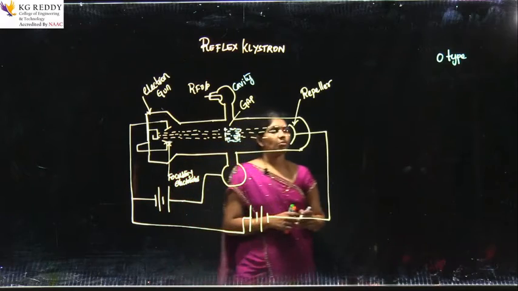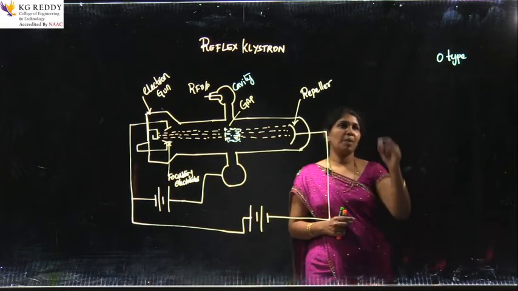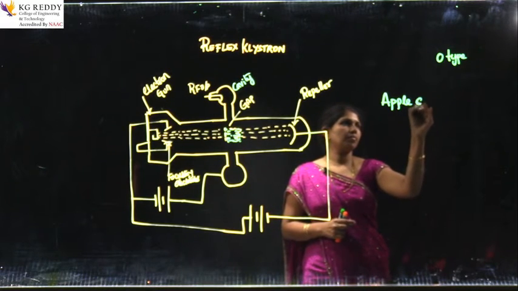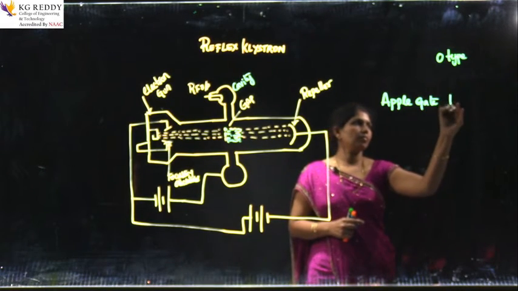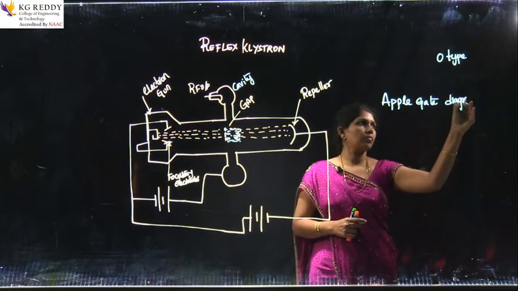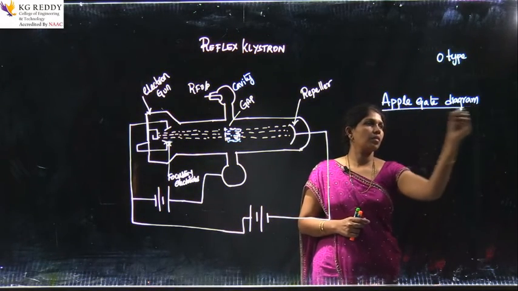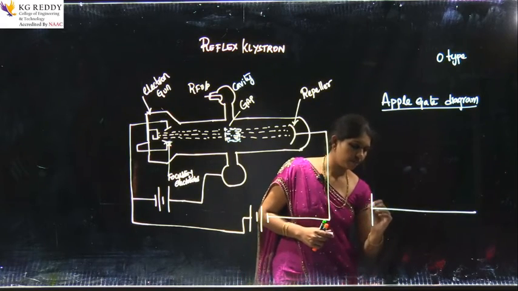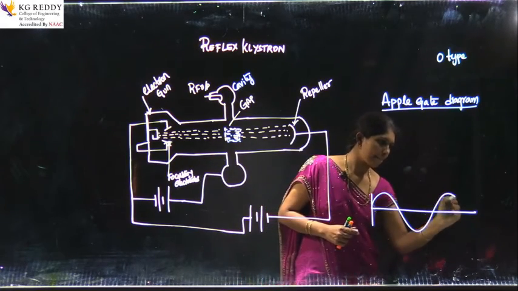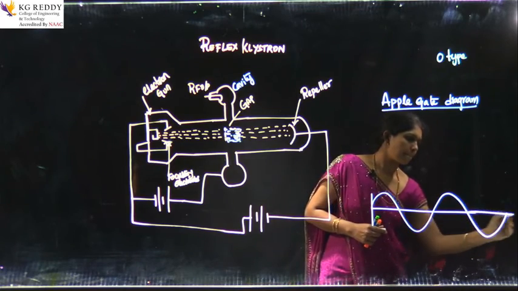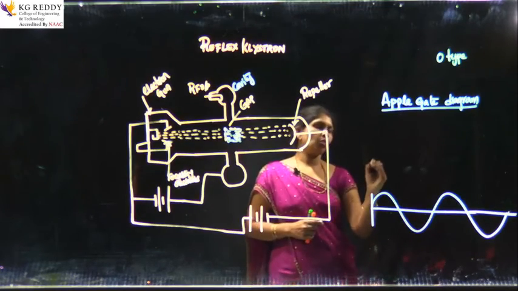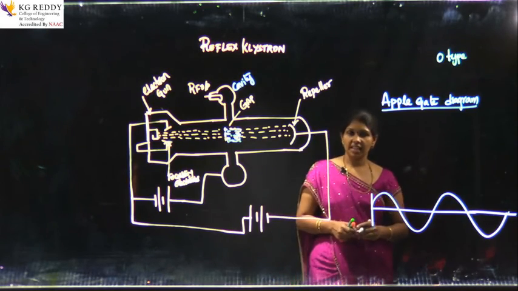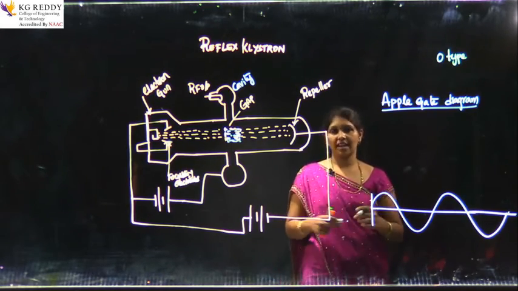Now, this velocity modulation can be better explained by the Applegate diagram of reflex klystron. This is the RF input. As usual, here we have 3 electrons: the early electron, the reference electron and the late electron.